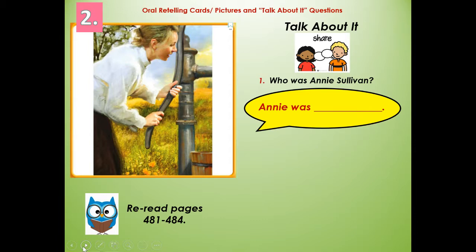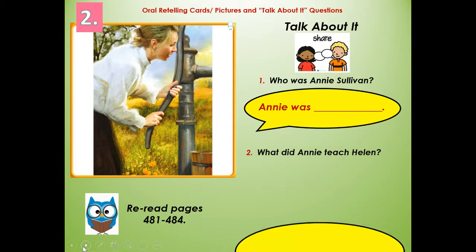Annie was, well, Annie was Helen's new teacher. She was nearly blind, and she came to live with the family and help Helen.